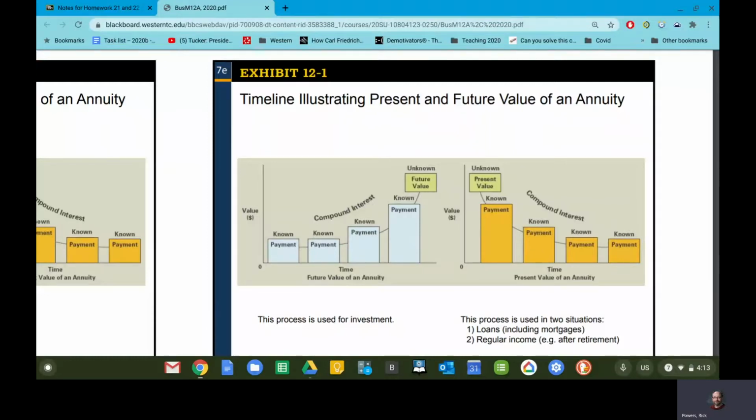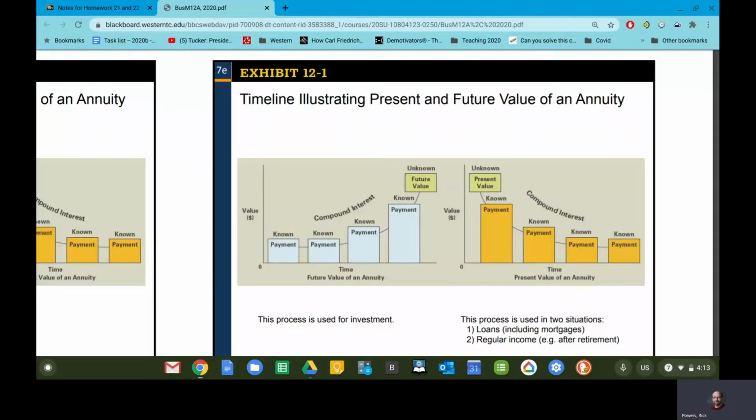However, the second one is the one that's most often used, and that is any kind of a loan. If you take out a loan, this is how the loan happens. You have this large amount of money. There is interest added every compounding time, but then you also pay off the loan every compounding time.